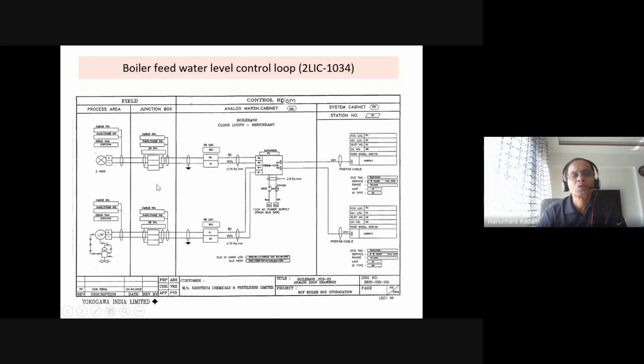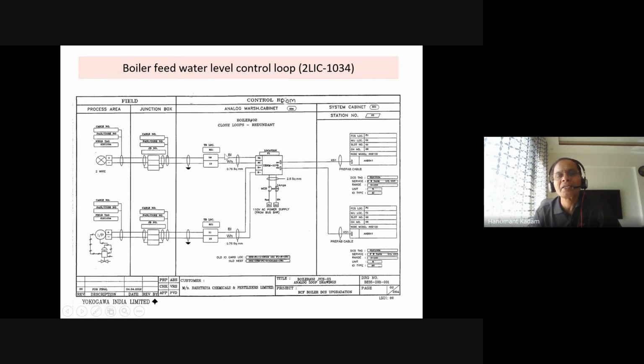This multi-pair cable has from which JB, how many cores, and cable number mentioned, and this goes to the control room marshalling cabinet. Then you will identify through the drawing which transmitter this particular JB carries, and which number. Accordingly you can wire inside the marshalling cabinet.